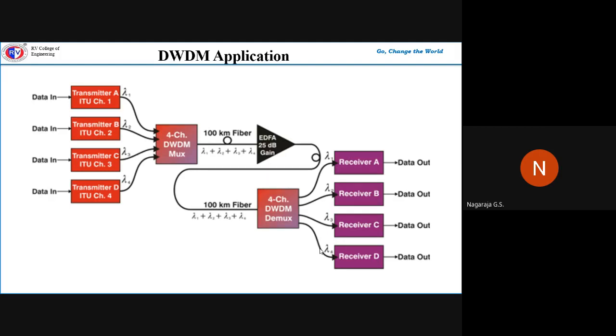So the whole idea is we need to understand how exactly WDM and DWDM are going to be used, and how the data communication happens from site A to site B, or from any one channel to another channel as well.